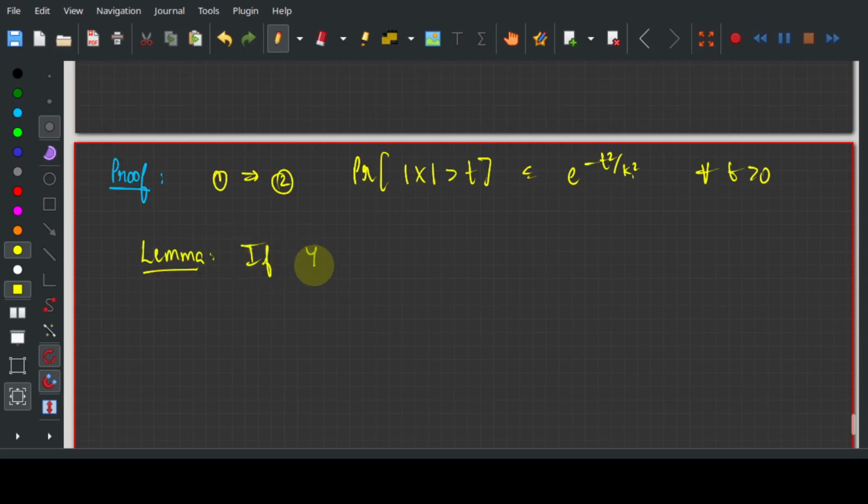Suppose that y is a non-negative random variable, and expectation of y equals some mu.